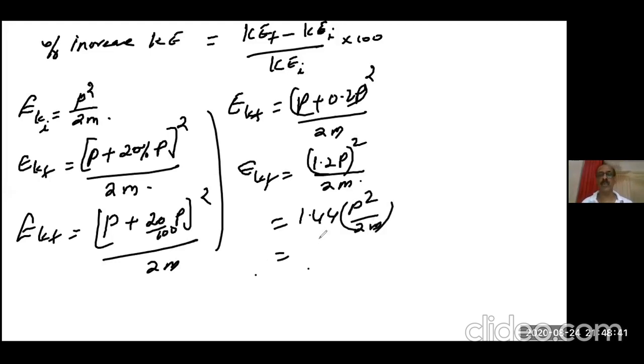This P squared by 2m is EKI, the initial kinetic energy. So EKF is 1.44 times EKI. Any doubt?